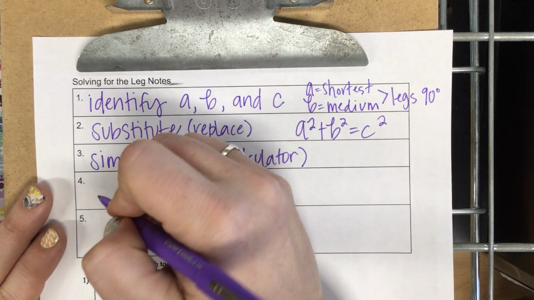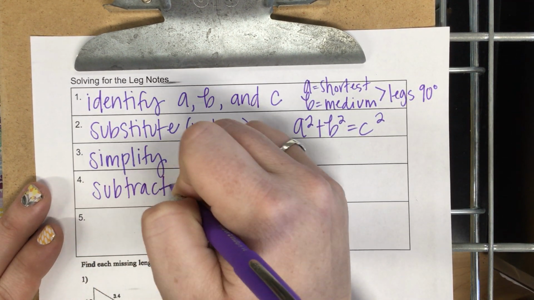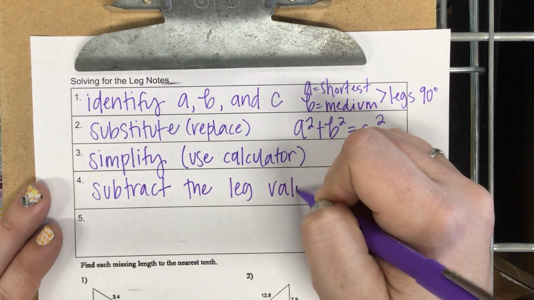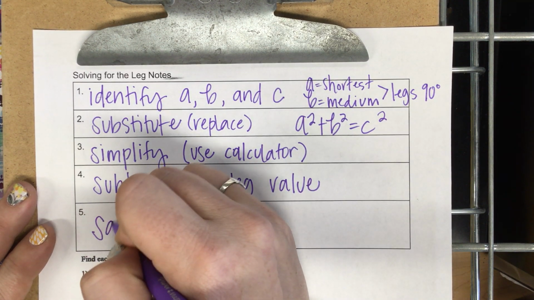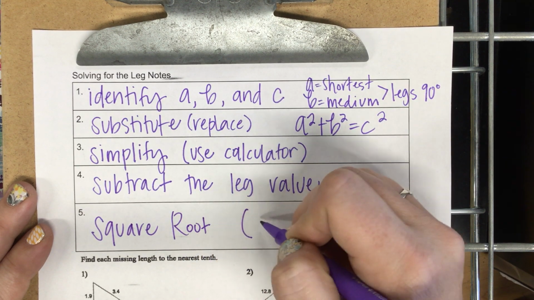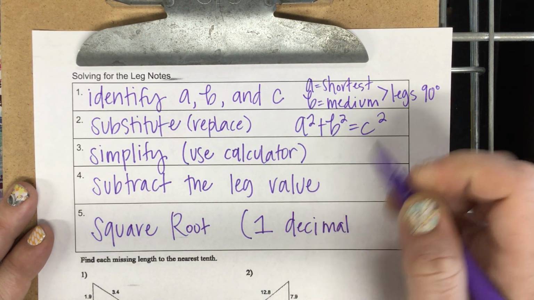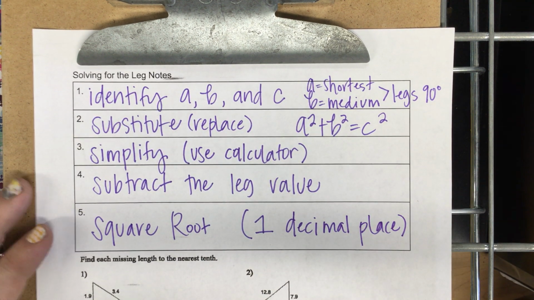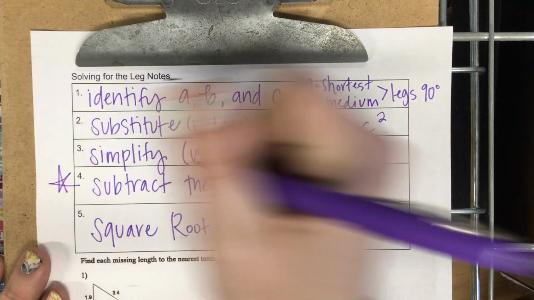They're on opposite sides, so we have to subtract the leg value, and then last we square root, and we want 1 decimal place.